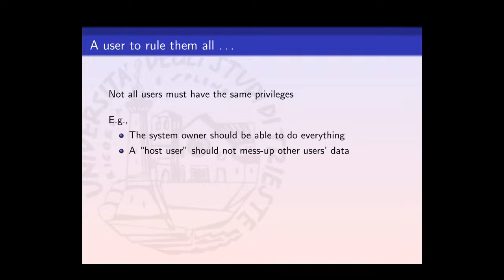You don't want him to be able to send email in your name. So the point is that all the users on the system you are using have different privileges, and the privileges depend, of course, on the roles they have on the system.